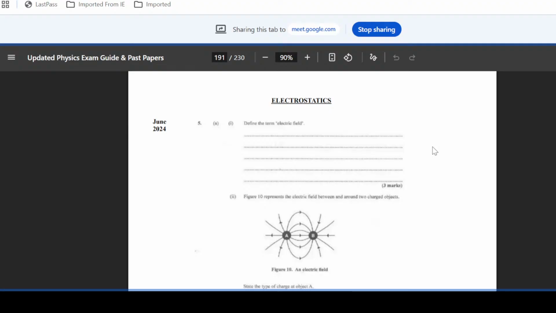You have electric field, you have magnetic field, so you can apply it to both situations. It's the area around the charged particles.